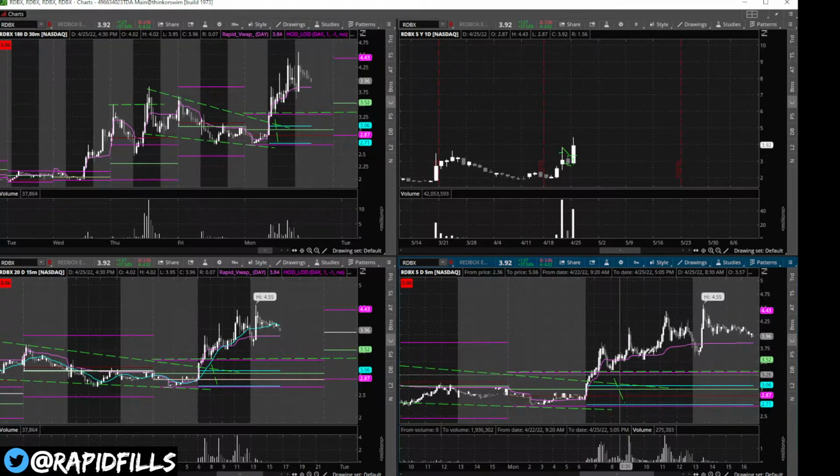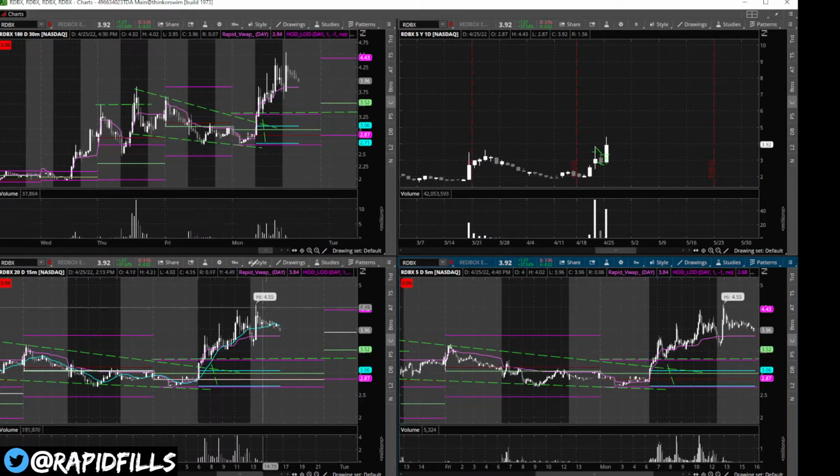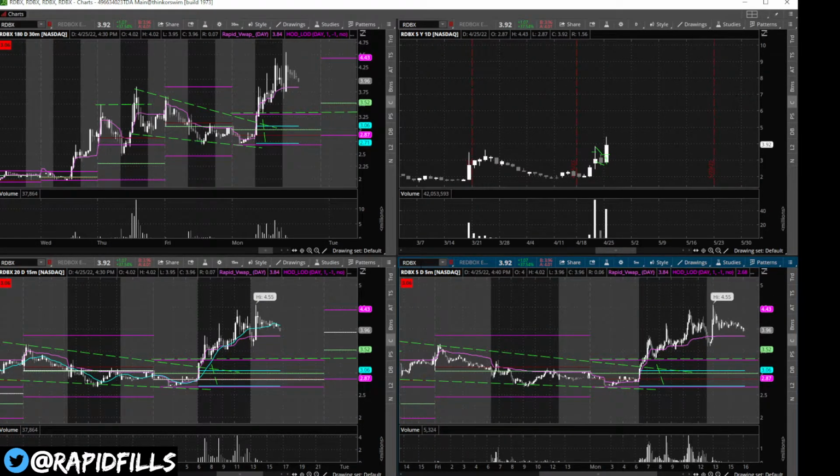That would be a really good entry for me. Obviously, most of the time I do not go long, and I did not take this trade, just to clarify. Now we have multiple things lining up at the same time, which makes the breakout more powerful.